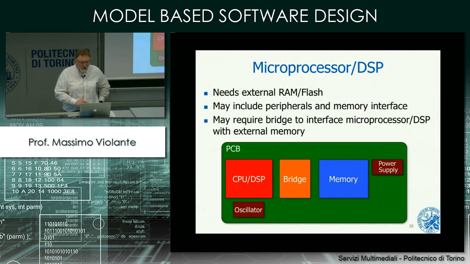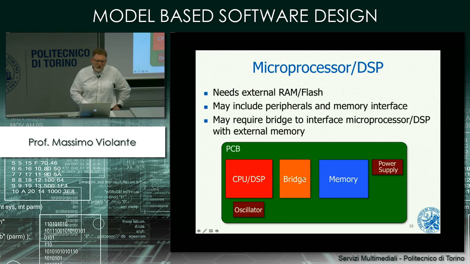Then, if we move to the microprocessor and DSP, you can recognize that the system is becoming more complex. Besides the component integrating the CPU, which is a general purpose CPU in the case of the microprocessor, or a specialized CPU in the case of the DSP, we have memory, the power supply, the oscillator, and then we could have a dedicated interface between the microprocessor and the memory.